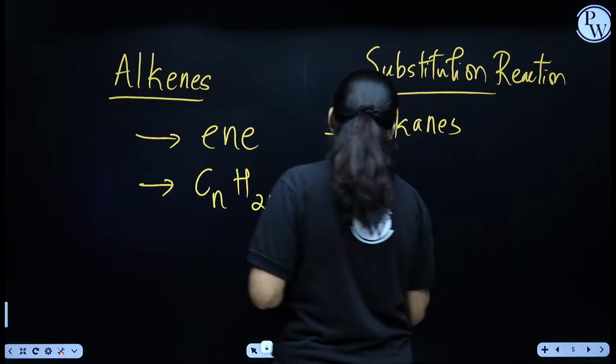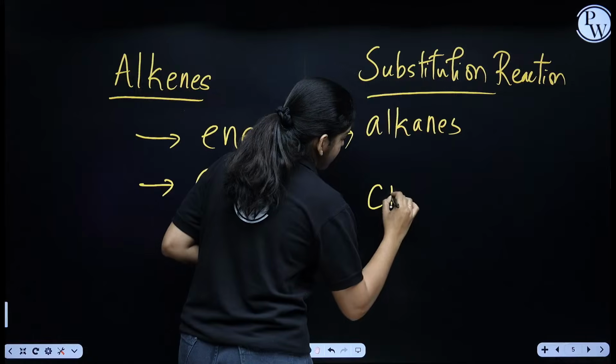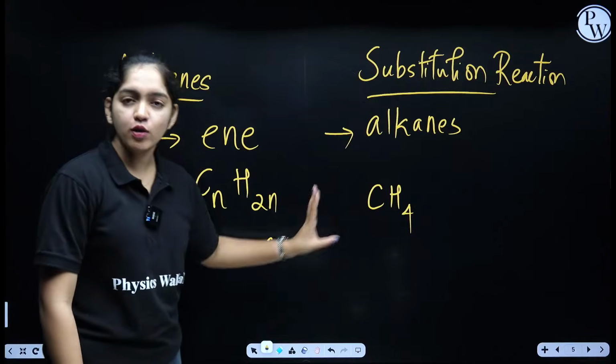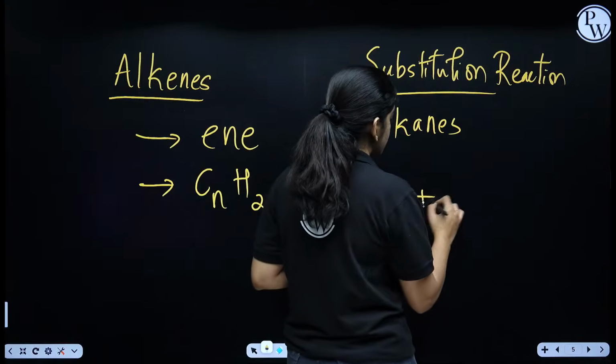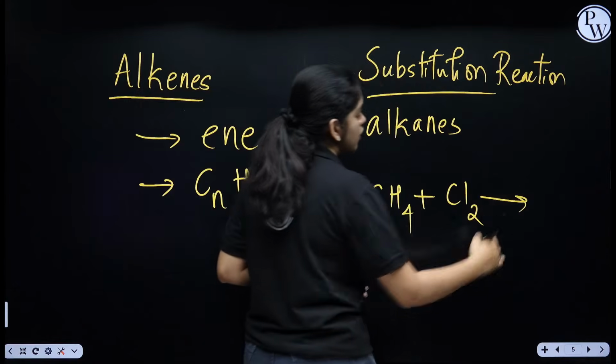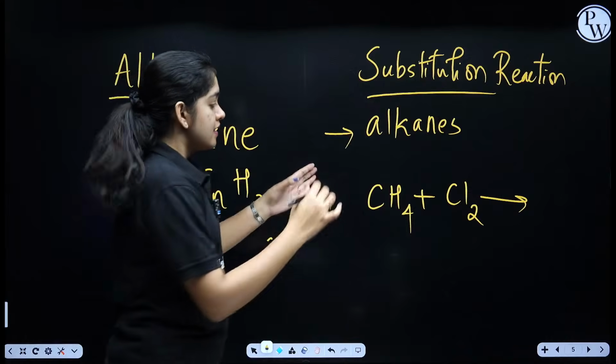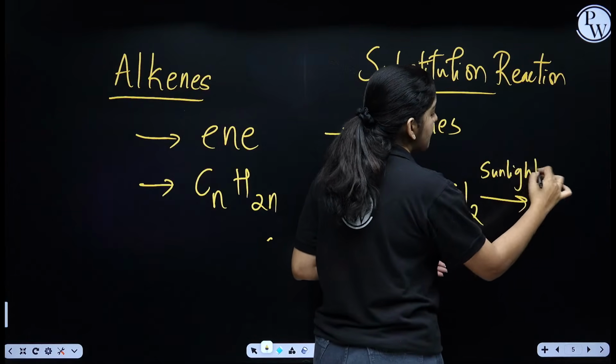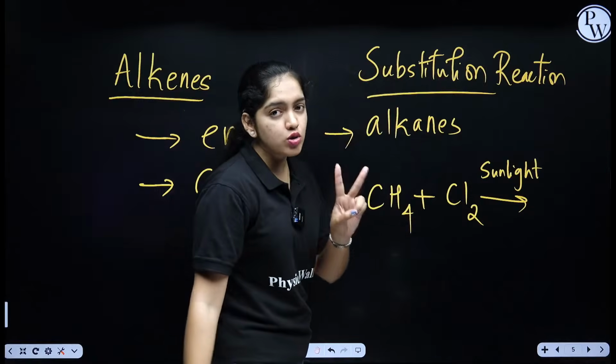For example, we can take methane, CH4. All are single bonds, four hydrogen atoms around the carbon atom, and it is going to be substituted with a chlorine molecule in the presence of sunlight. A chlorine molecule means two chlorine atoms will be there.